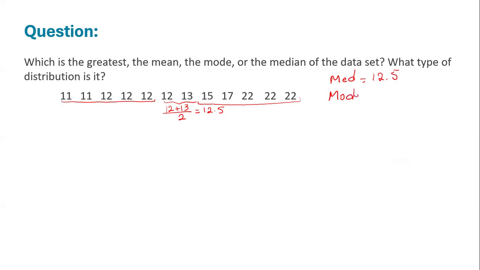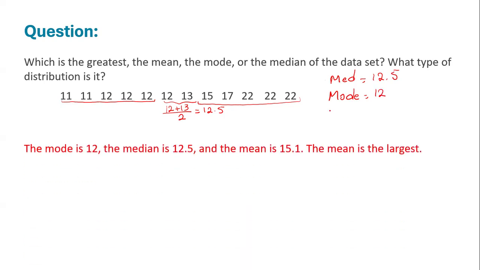So in this data set, I see that 12 is repeating the most, so the mode is 12 because it's repeating 4 times. And to find the mean, I need to add all the numbers and then divide by 12, which gives me 15.1.